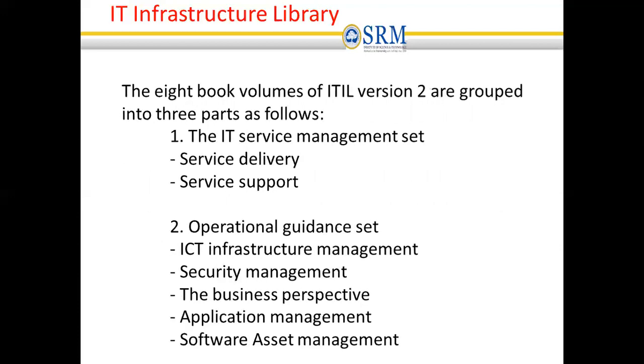The eight book volumes of ITIL version 2 are grouped into three parts as given here. Number one, the IT service management set, which in turn contains the guidelines and procedures for how a service should be delivered, how a service should be supported, etc.